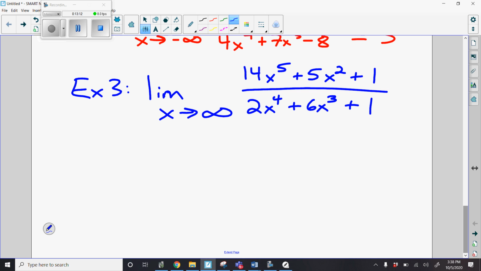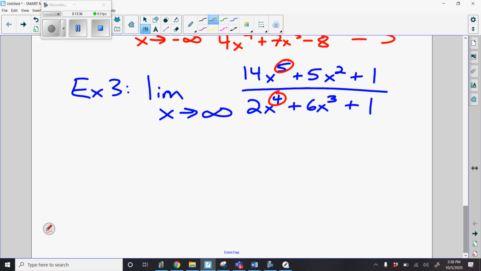Okay, so when we take a look at this problem, we say, okay, the top is going to get infinitely big, the bottom is going to get infinitely big, but the top here is more powerful because it's got a 5th power versus this 4th power.